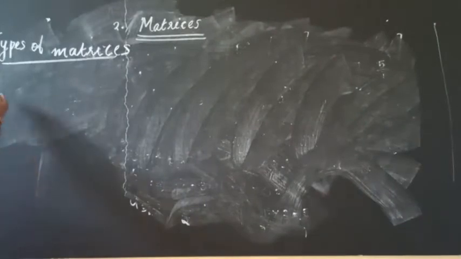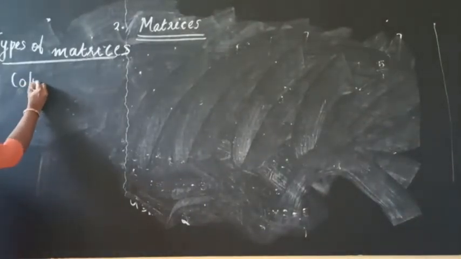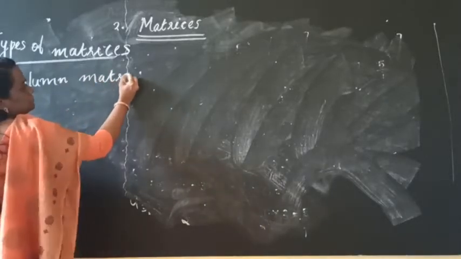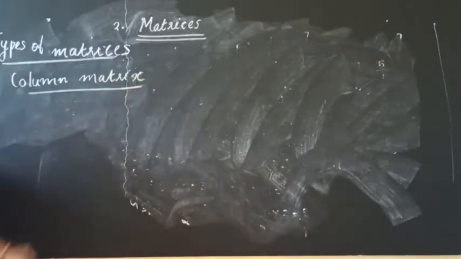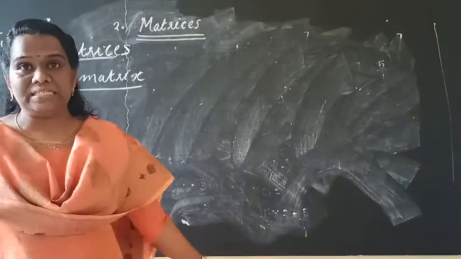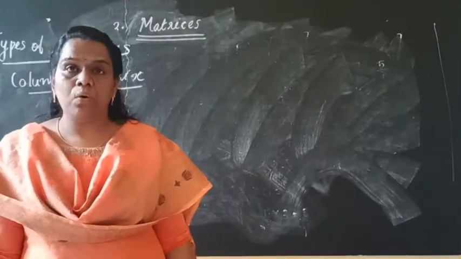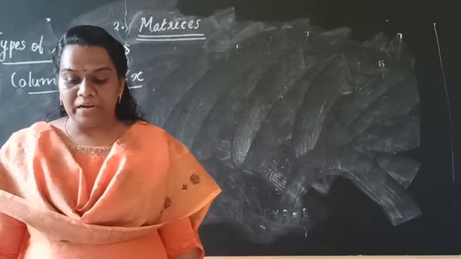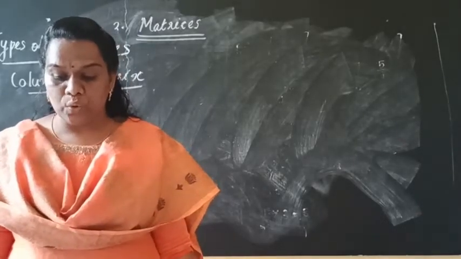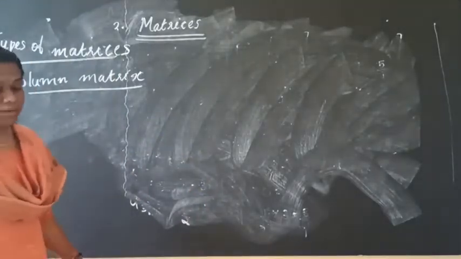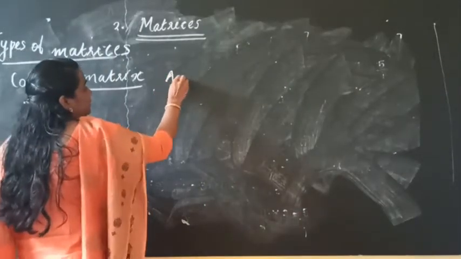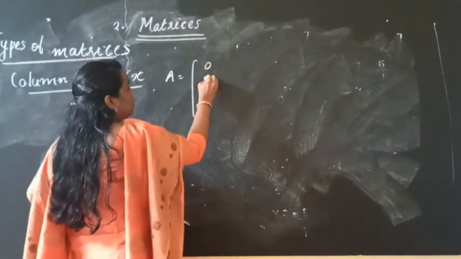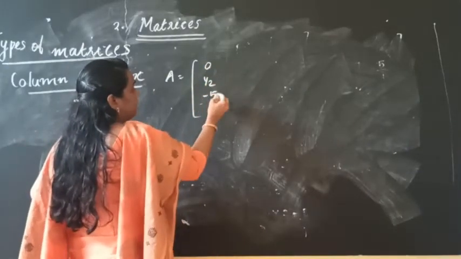First one, column matrix, which I told you just now. That has only one column. A matrix is said to be a column matrix if it has only one column. For example, 0, 1 by 2, minus 5, root 2.